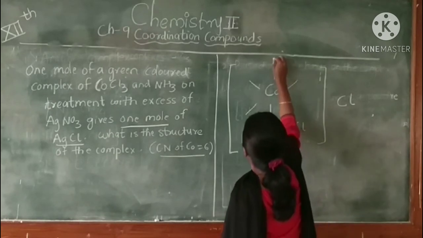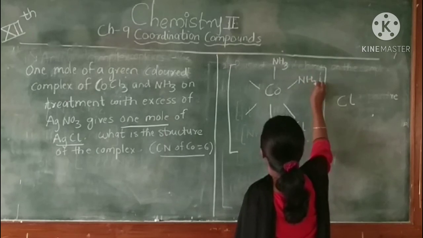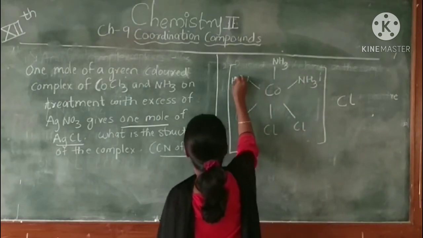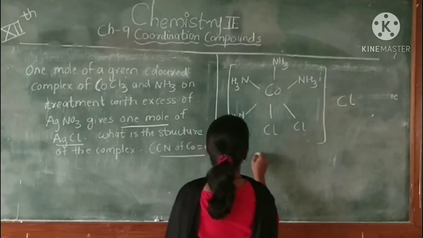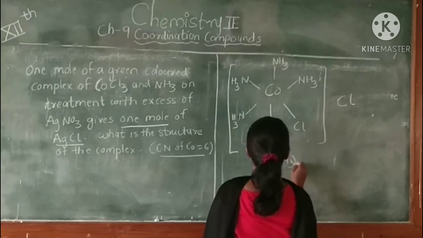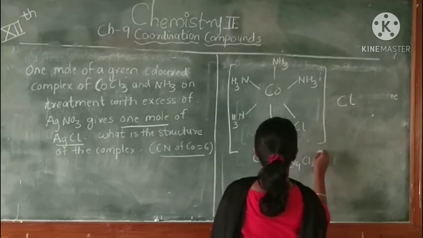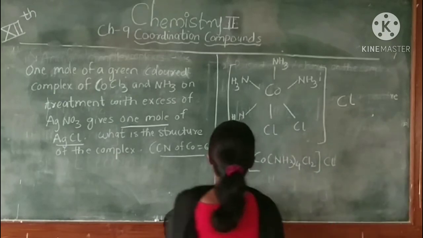The remaining positions are occupied by ammonia. So how many ammonia are attached? 4. So this is the structure of the complex.